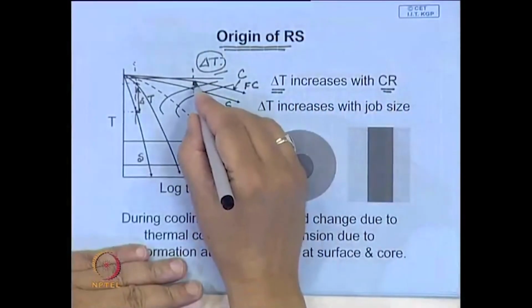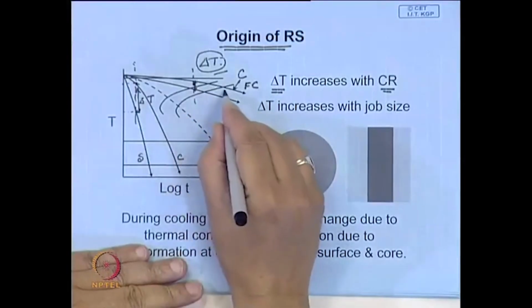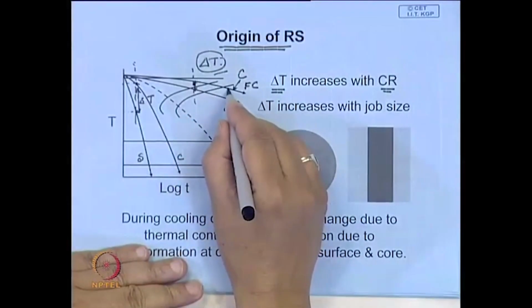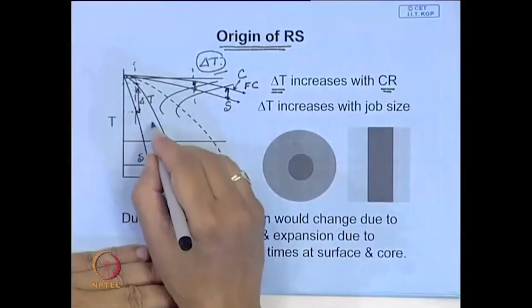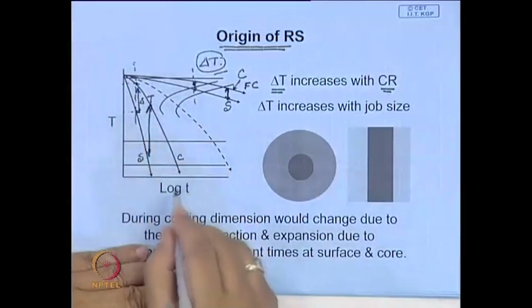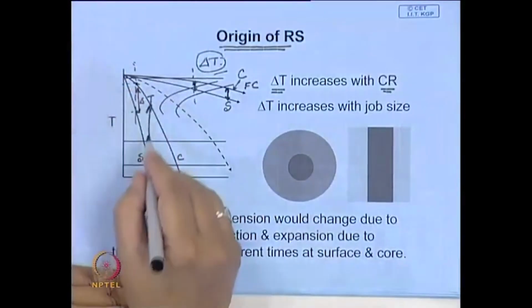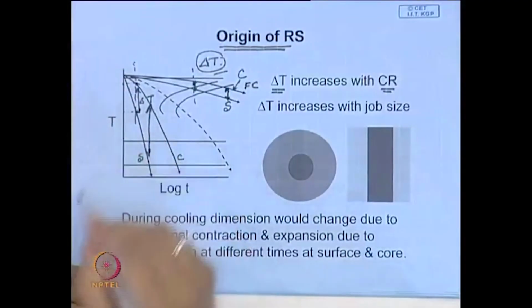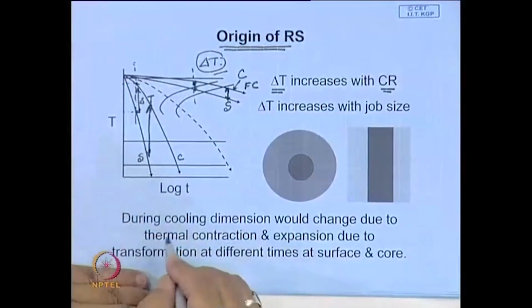Look here, this is the temperature difference at any instant between the core and the surface, whereas here you see this is the temperature difference which is much larger. So, this job will be much more susceptible to residual stress as well as distortion.